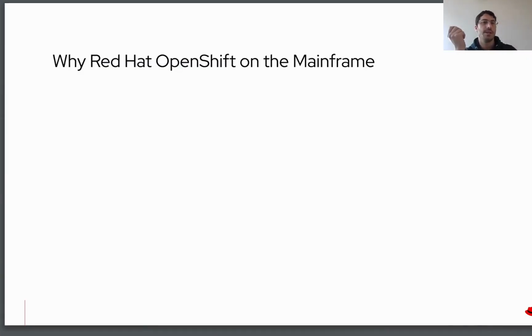So the first one is the development consistency. When you are able to deploy containers on the mainframe and x86 or whatever other systems get used in your business, this allows you to have similar processes and tools for x86 machines as well as mainframes.